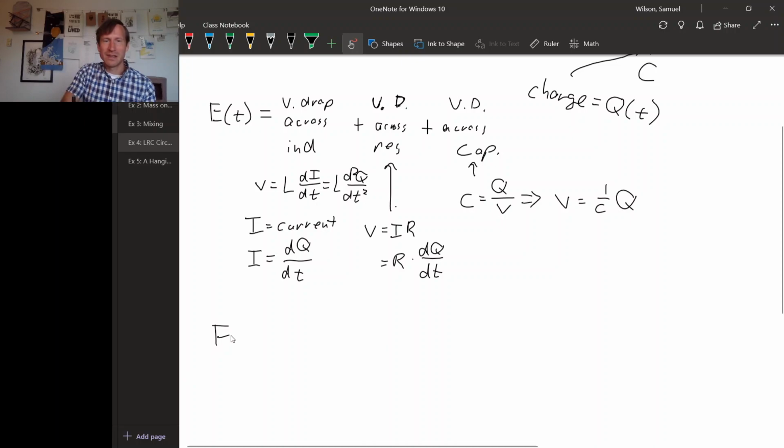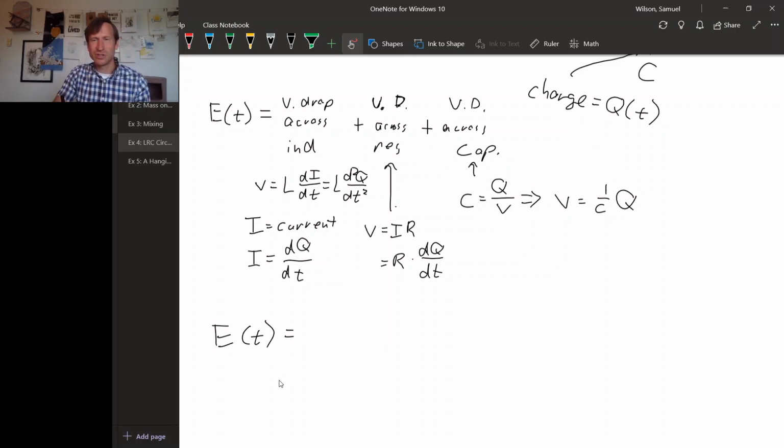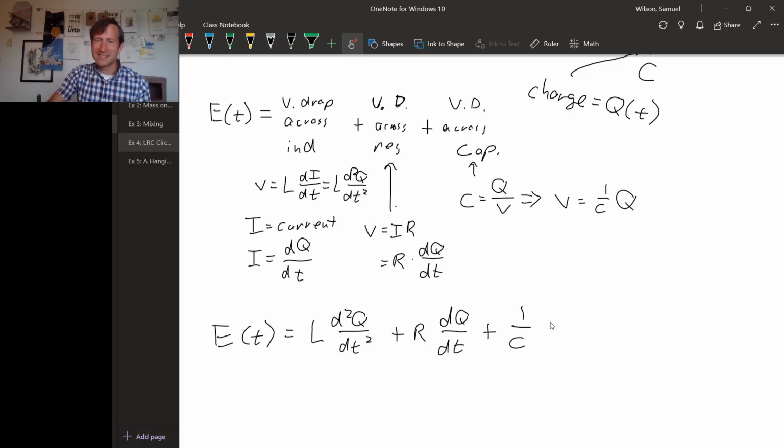So we have our voltage, the voltage from the voltage source, is equal to L times the second derivative of Q, plus resistance times the first derivative of Q, plus 1 over the capacitance times Q itself.